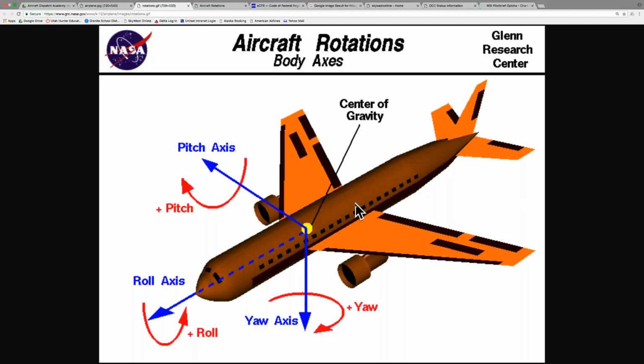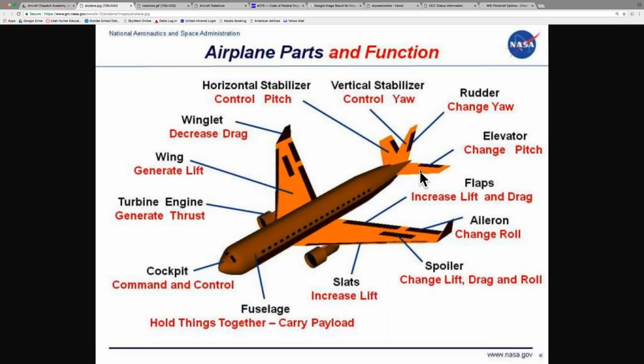The pitch, that's when the nose or the tail go up or down. So when we climb or dive, that's our pitch. The flight controls that operate that pitch are going to be back here on this horizontal stabilizer. We call those an elevator. So the elevator controls our pitch, the up and down.